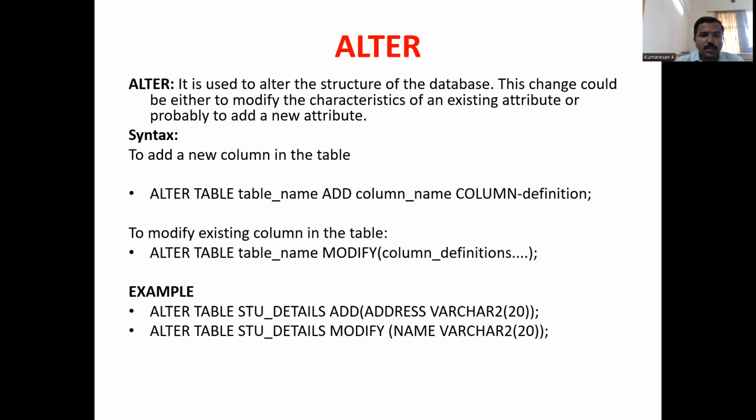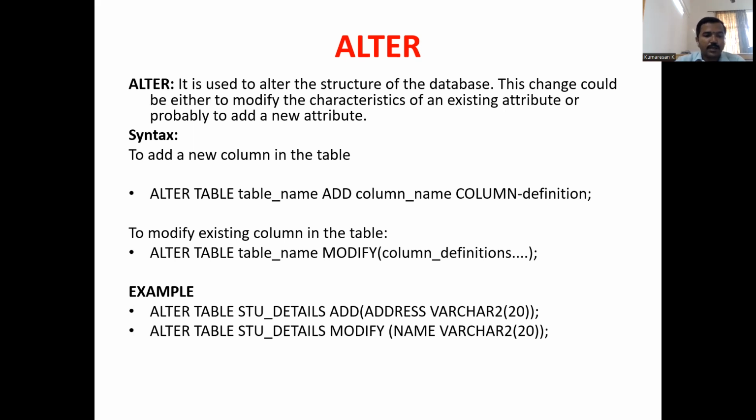So attributes, probably to add a new attribute. And then here the alter syntax means alter table, table name, add means keyword. Okay. And then column name, column definition. And another one is modify existing column in the table. That syntax is alter table, table name, modify, column definition.